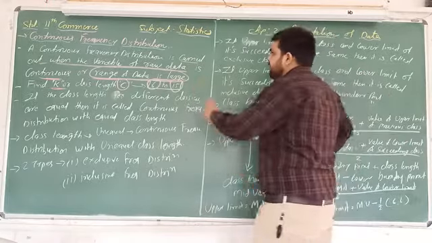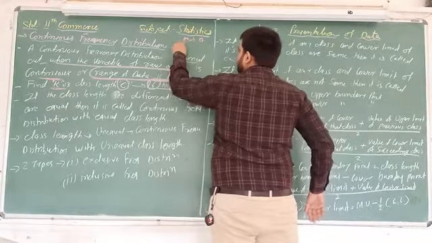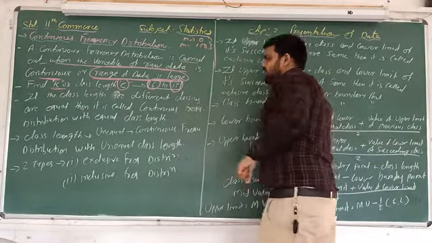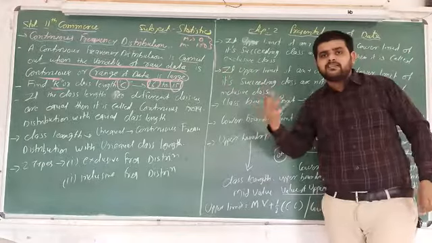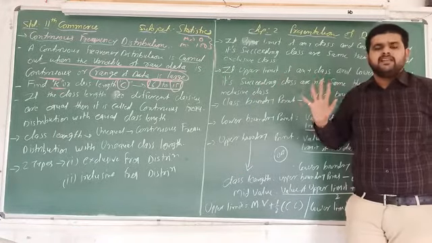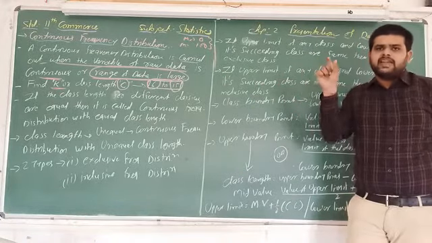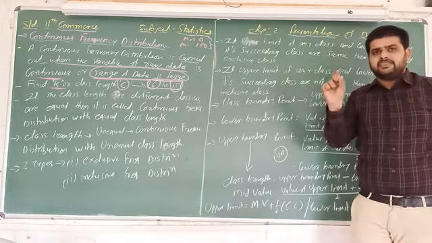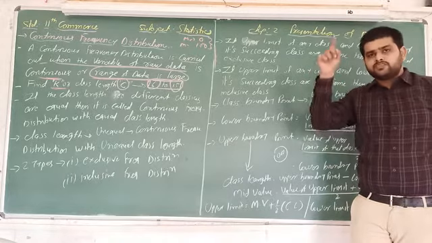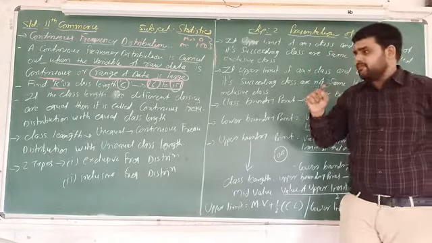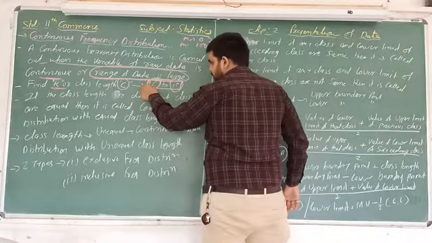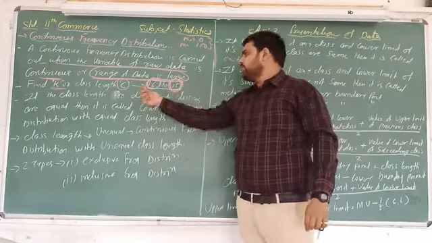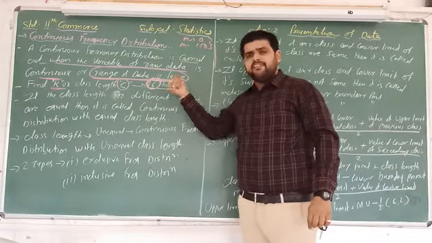For example, the minimum value is 0 and the maximum value is 100: 0 to 10, 10 to 20, 20 to 30, 30 to 40, 40 to 50, 50 to 60, 60 to 70, 70 to 80, 80 to 90, 90 to 100. So that is 10 classes. In this way, we prepare not less than 6 and not more than 15 classes.